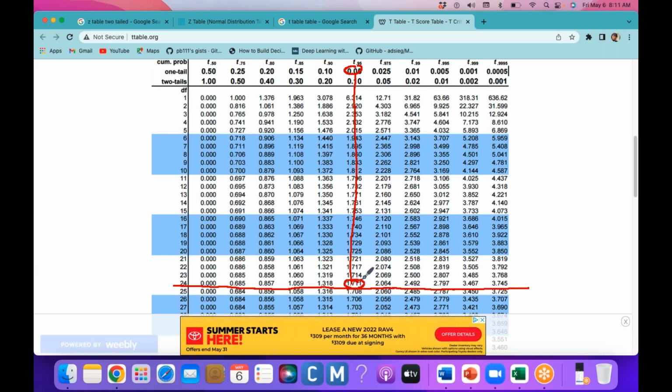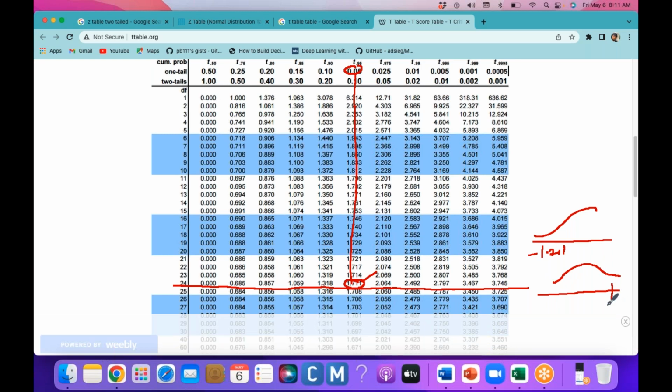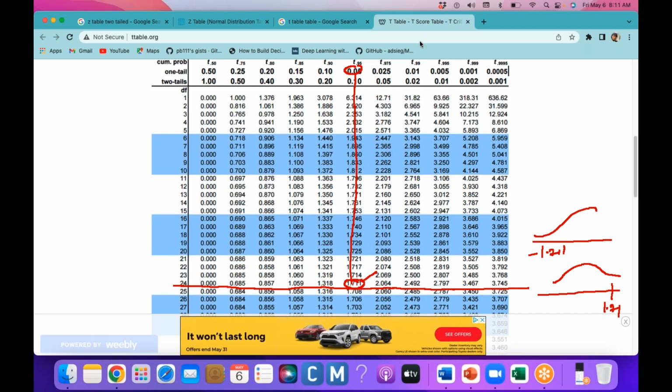It can be a minus value or a positive value. If it is the left tail, then you make it minus 1.71. If it is the right tail, then we consider plus 1.71. So 1.71 is your critical value.